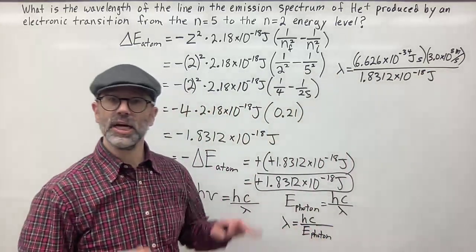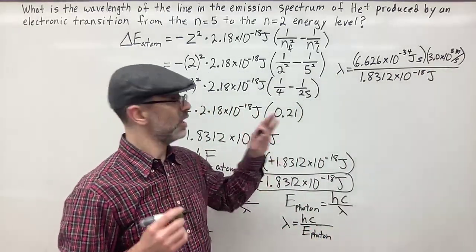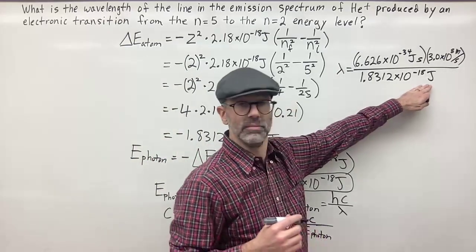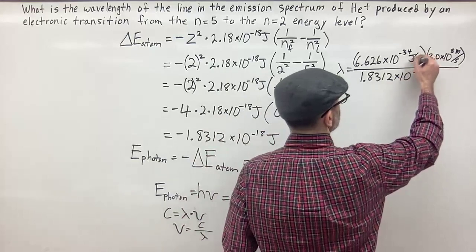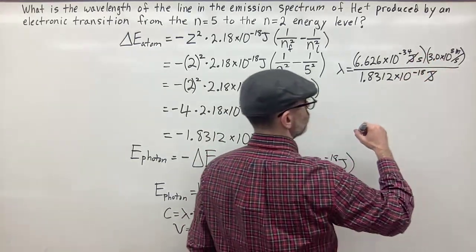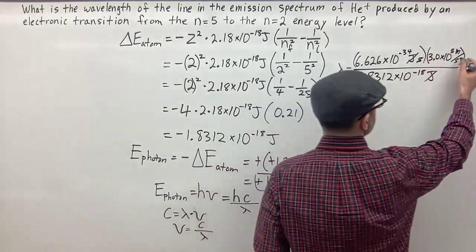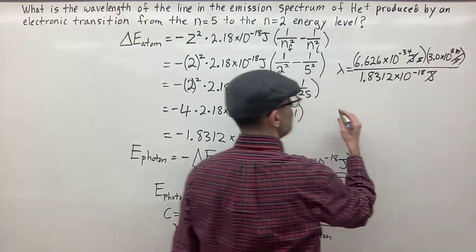And now notice here, look at the units here. They're going to cancel out, right? So joules cancels out, and seconds are going to cancel out, leaving me with meters.